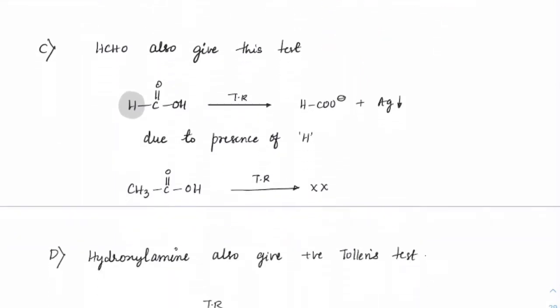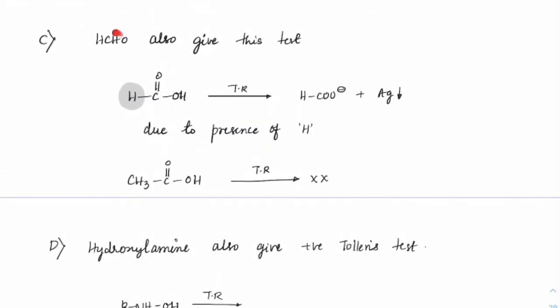Let's see the third case. Third case is only specific case which is for formaldehyde, HCHO. Because of the presence of this hydrogen, this hydrogen can also undergo oxidation.